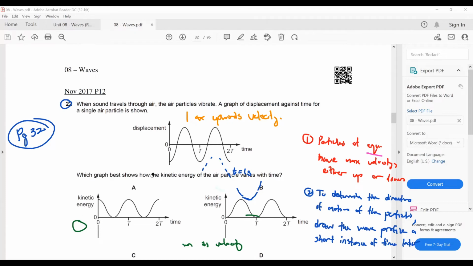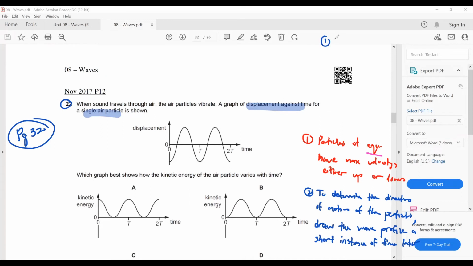All right. Okay, so when a sound travels through air, the air particles vibrate. The graph of displacement against time for a single air particle is shown. Which graph best shows how the kinetic energy of the air particle varies with time? So this is again where you need to make use of this knowledge here.